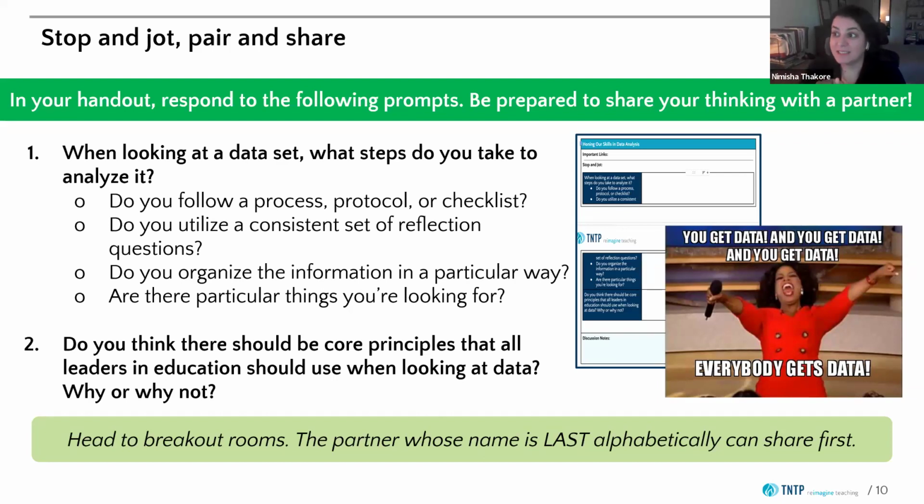When looking at a data set, what steps do you take to analyze it? Any data set. And then do you think that there should be core principles that all leaders in education should use when looking at data? Why or why not? We'll take 3 minutes of independent time.